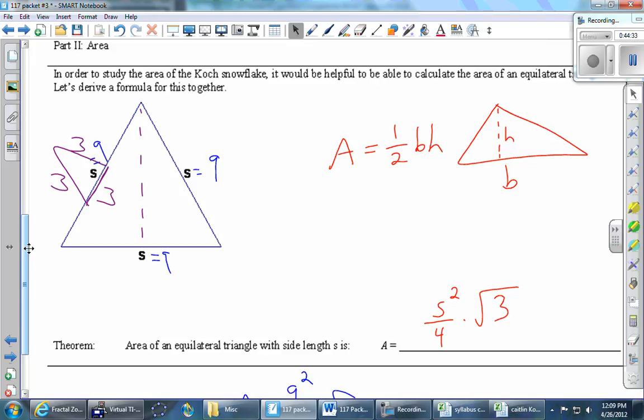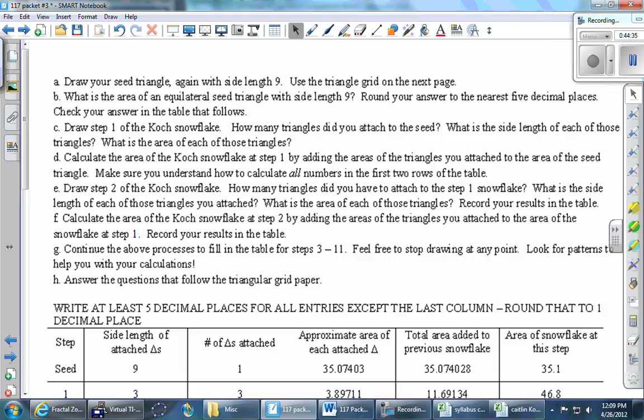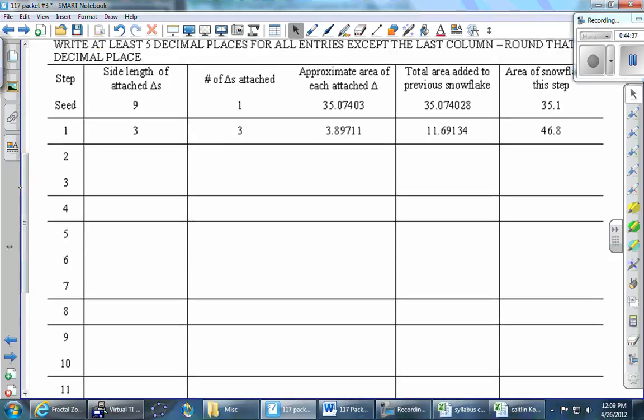All right, on the next page is a table that I'm going to encourage you guys to fill in. We'll fill in just the start of it right now, and I'll encourage you to fill in the rest of it later on. And then I'm just going to show you the punchline right before we end today. So thinking about the original triangle, we're starting with a side length of 9. That's just a given.